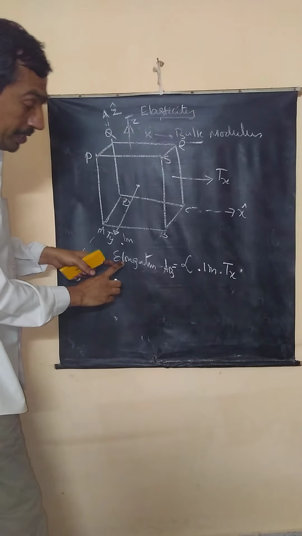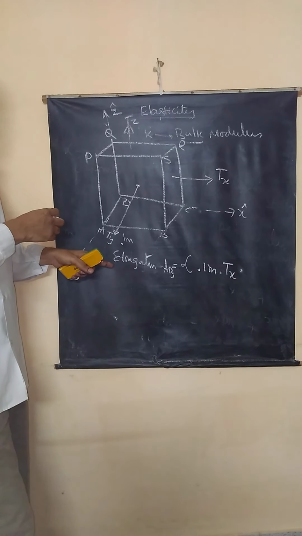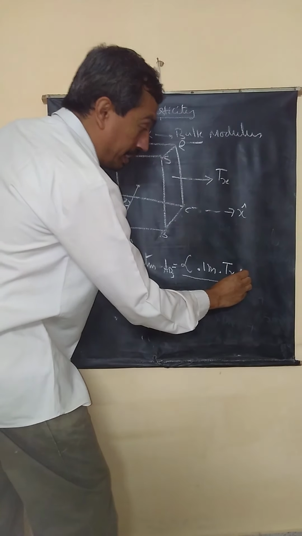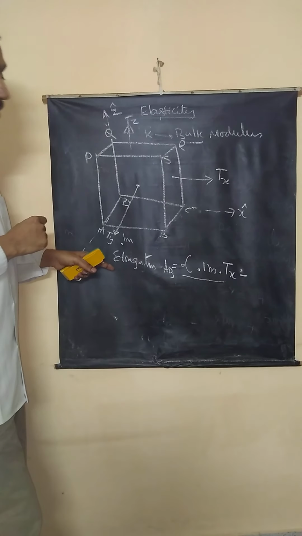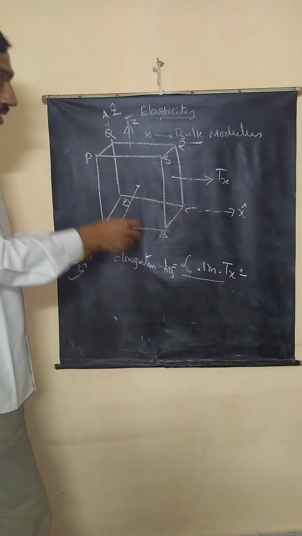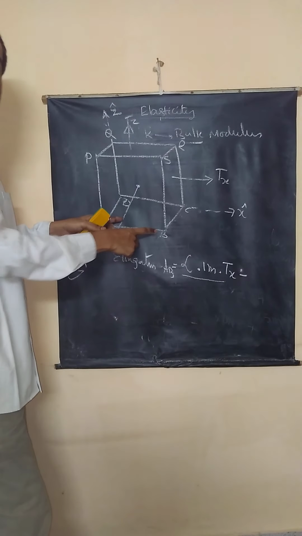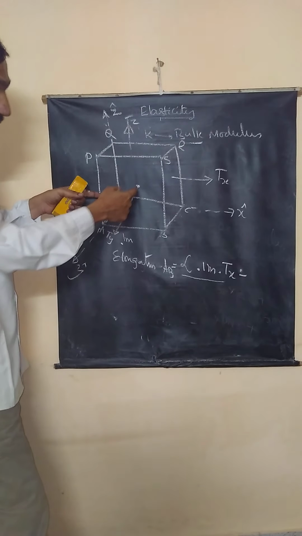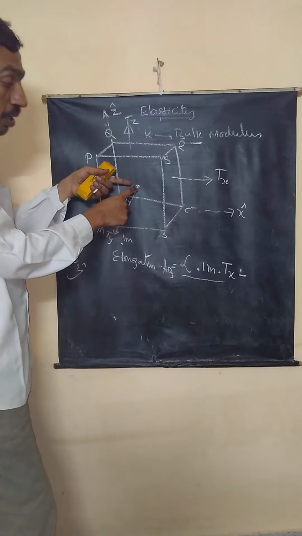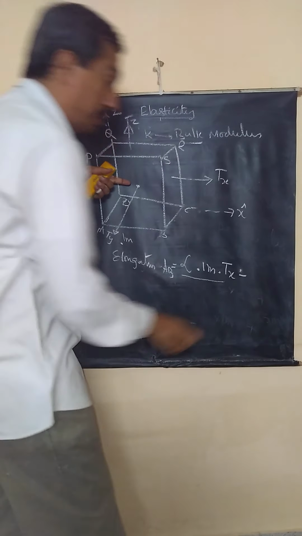Now tell me, what is the elongation in AB? It will not be just this, because of this stress the length AB experiences compression. The stress Ty is perpendicular to the x-axis, so this causes reduction in AB.